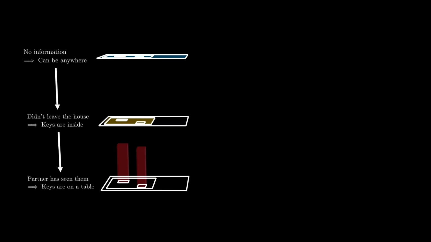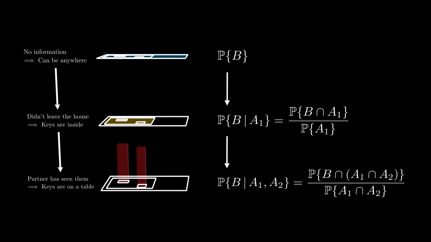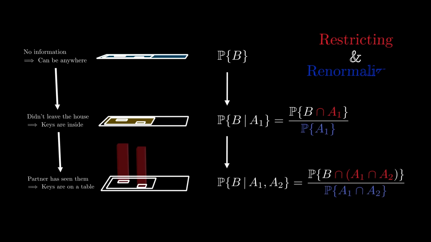We started with a probability measure, and every time we found some new information, we updated this probability measure to a new one, which is compatible with the information at hand. How did we do this? By restricting and renormalizing. First, restricting to the region that is compatible with the given information, and then renormalizing to have a probability measure again.